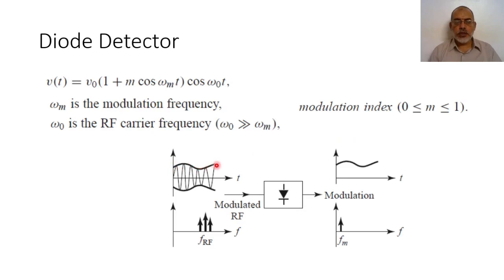So the input signal at the diode looks like this. It has the carrier frequency plus two sidebands of the modulated signal. The expected output from the diode detector is the amplitude of the modulation signal. So we will have a signal which is proportional to cosine omega m t, or which has a frequency fm, and its amplitude is proportional to the modulation index.